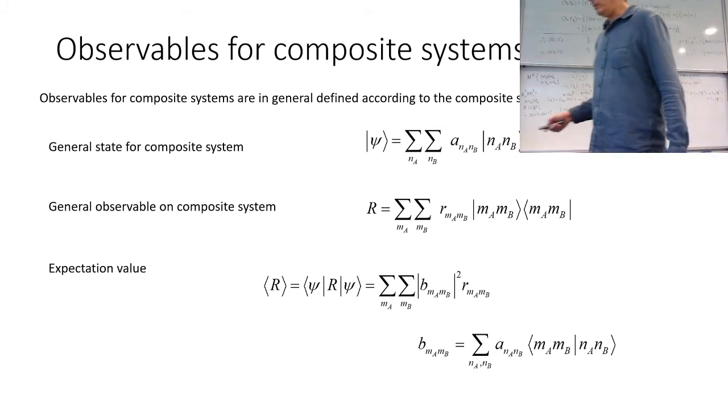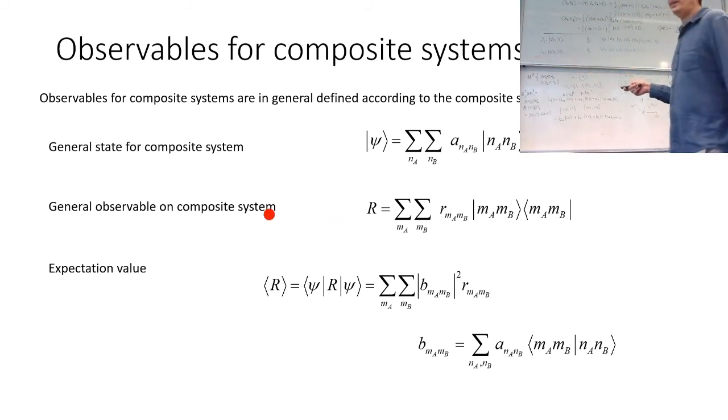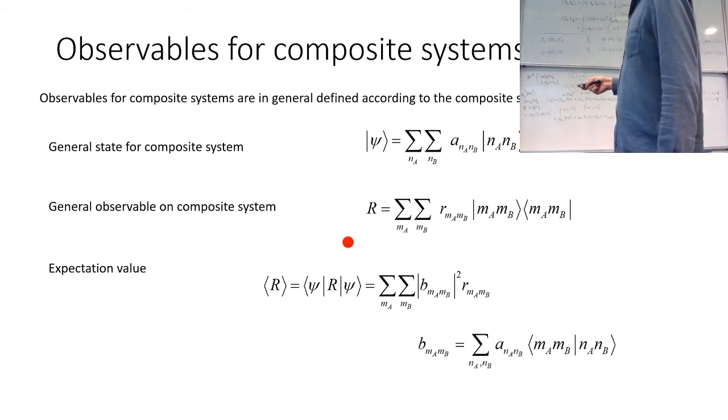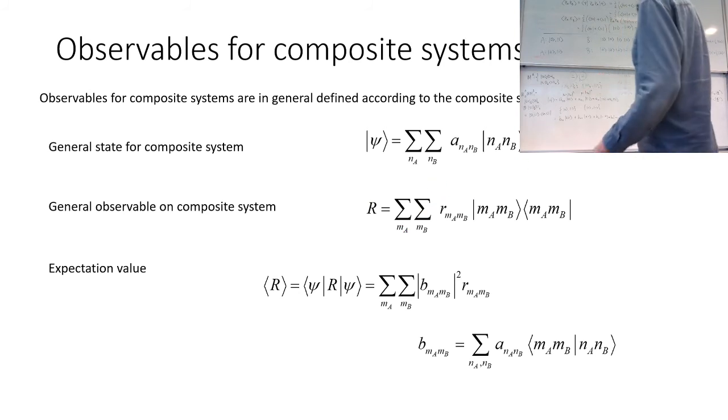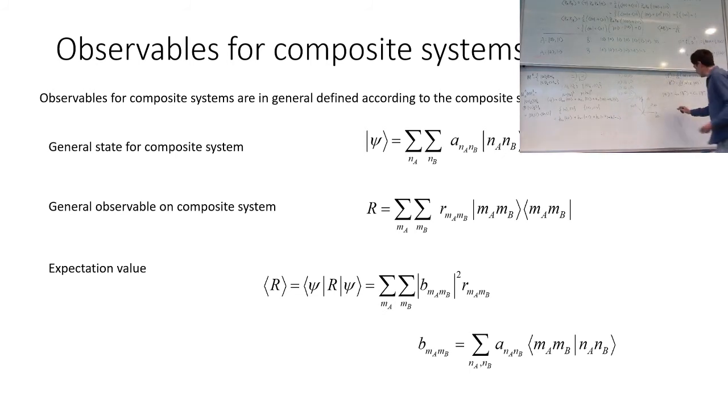This looks like a lot of equations, but what I'm saying is actually nothing too complicated. Just remember that when I write an observable, a general observable operator, this is what the case was for a single system. You have some values, and this is each outcome n. But now in a composite system, you've got two variables because it's all different combinations.